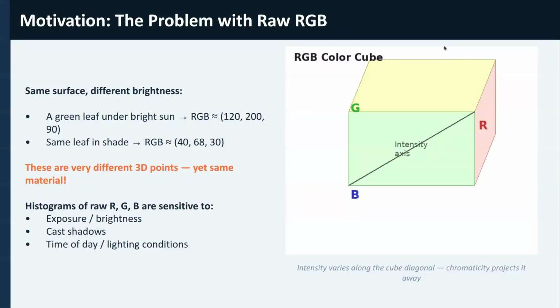Your model, which might be trained to pick pixel values in the former case, might not be able to identify the leaf in dimmer illumination settings. These two pixel values are very different, but they belong to the same object.